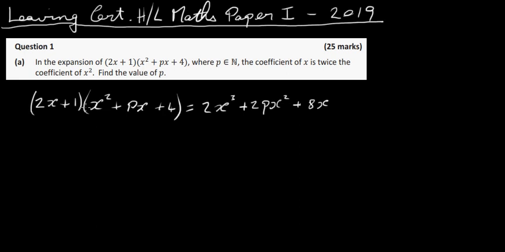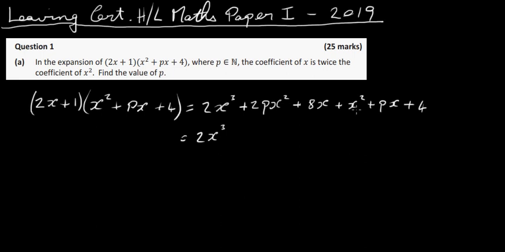Now we've got to multiply everything in this bracket here by the plus 1. So we're just going to end up with everything here, so it's just going to be plus x squared plus px and plus 4. Okay, so let's just simplify this. We start with the 2x cubed. There are no other x cubes there, so we'll just leave that as it is.